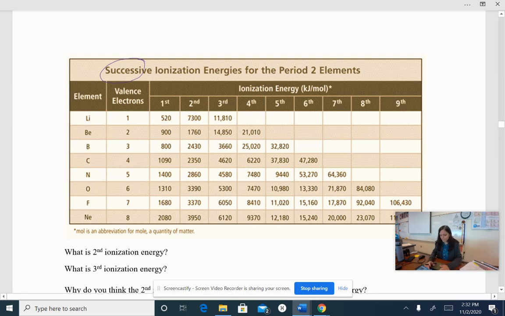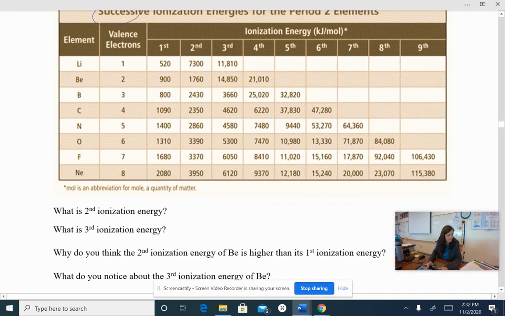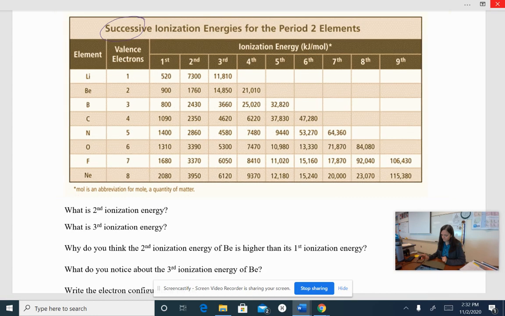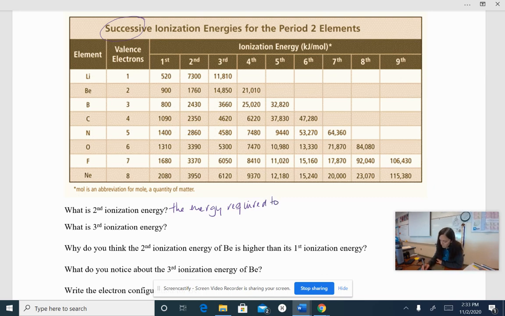What is the second ionization energy? It is the energy required to remove an electron from a 1+ ion.